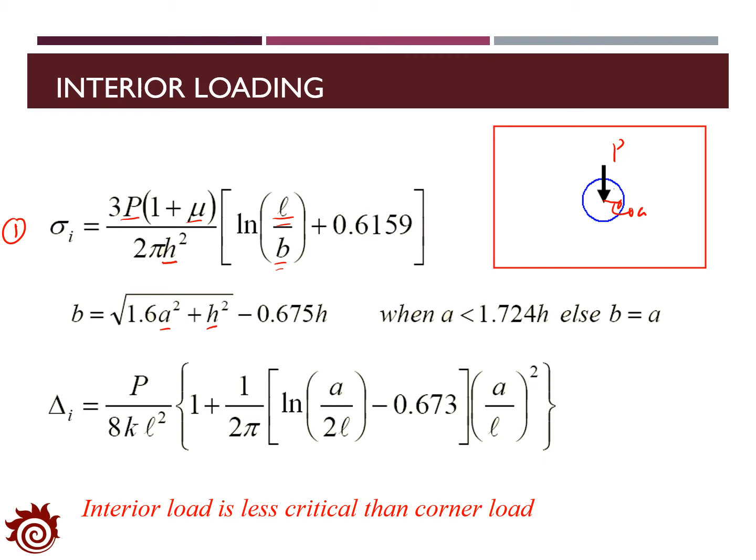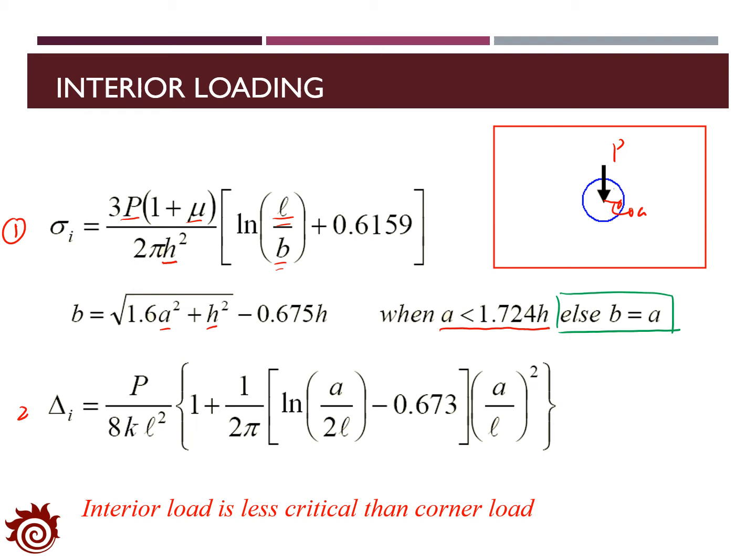b will equal to the square root of (1.6 times a squared plus h squared) minus 0.675 times h when a is less than 1.724h. Otherwise, b is the same as a.